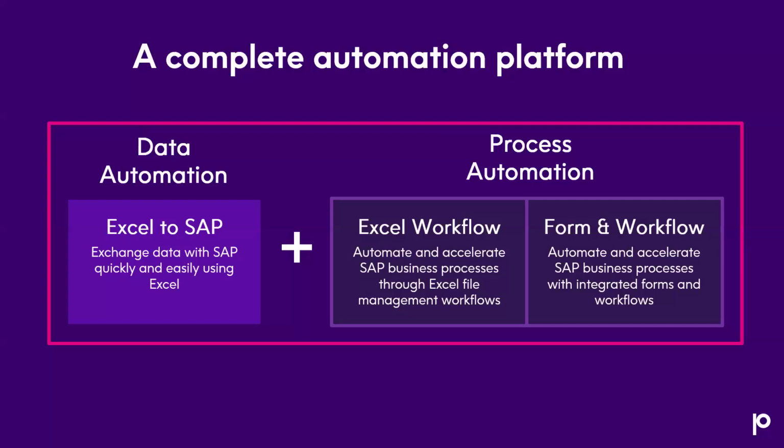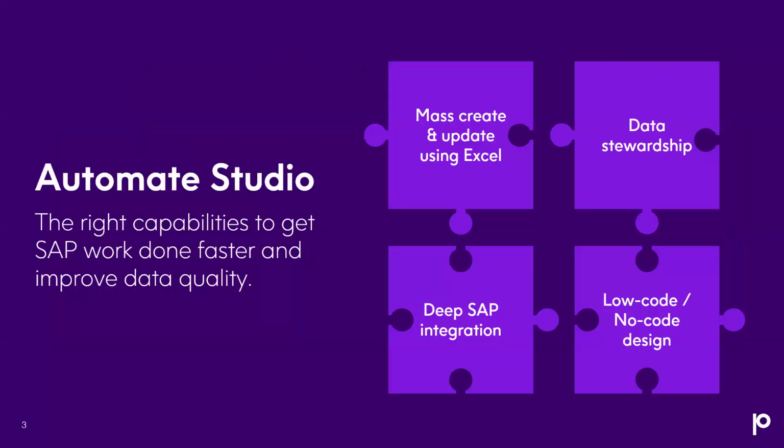And for that, we have process automation capabilities, which gives you the ability to wrap a fully automated workflow either around an Excel workbook, or we also have the ability to design web forms, which users can use as an interface to put in the data and take it through that workflow and integrate it directly into SAP. So today, again, I will be showing you the capabilities of both.